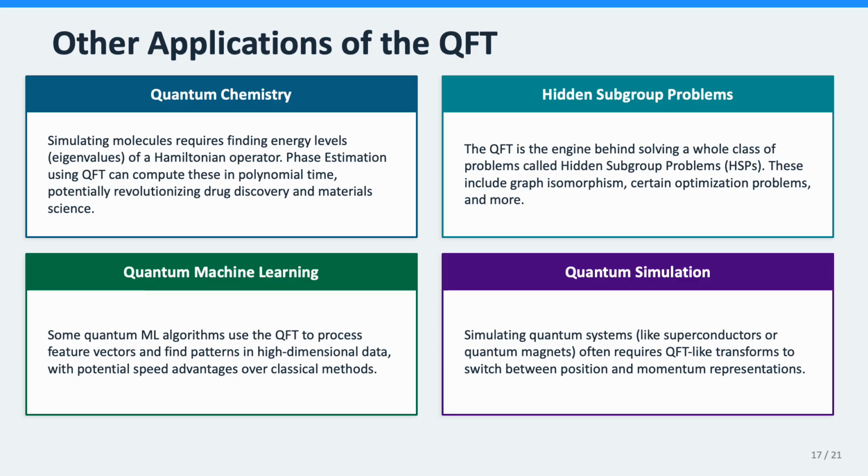Using phase estimation built on the QFT, quantum computers could compute these energy levels efficiently, a task that grows impossibly hard for classical computers as molecules get larger. This could transform drug discovery and material sciences by letting us simulate chemical reactions that no classical computer can handle.